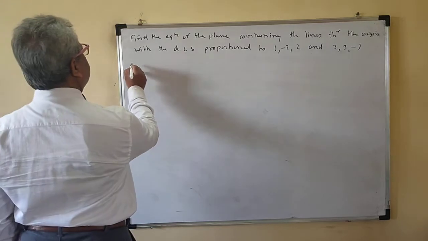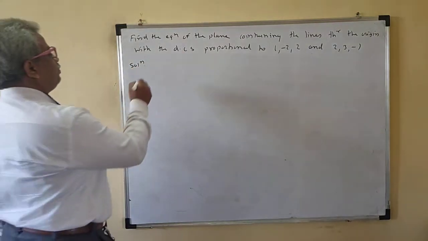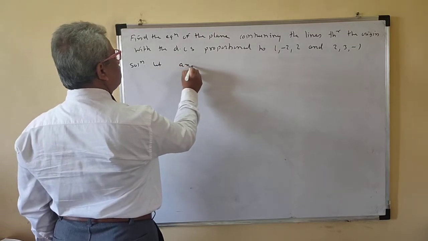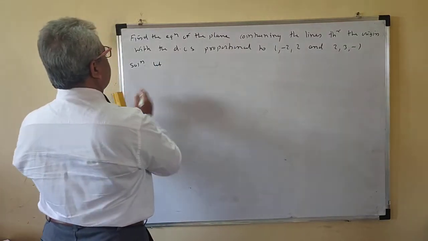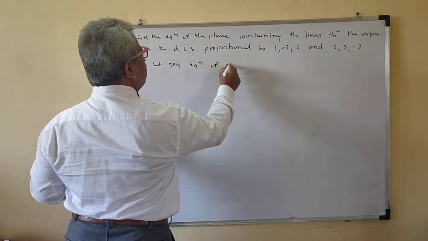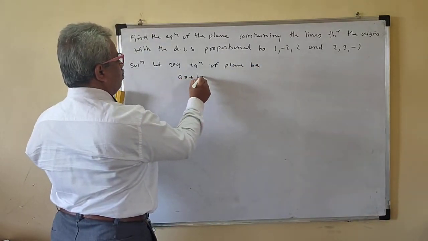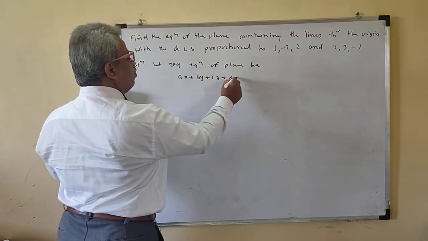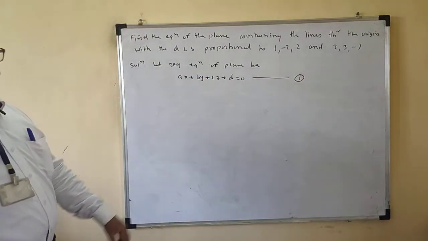Okay, solution. Let the required equation of plane be ax plus by plus cz plus d is equal to 0. We call this as 1. This is our required equation of plane.